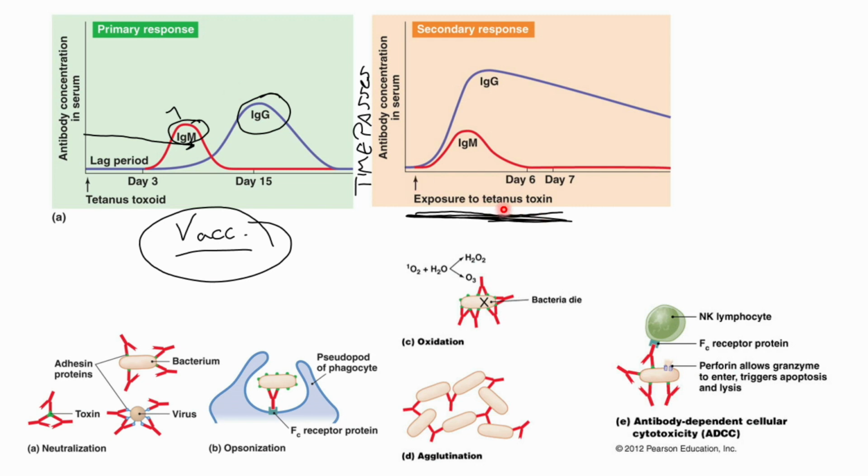is exposed to tetanus toxin, right here would be, if we look at this between day 6, half of that would be right here. That would be about what? Day 3? I just split basically this in half.